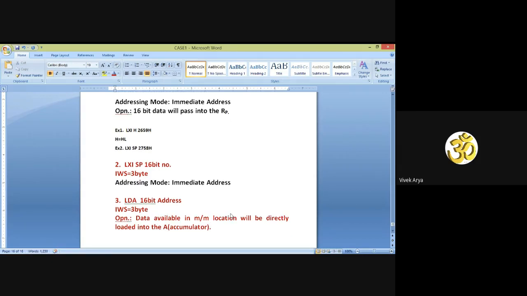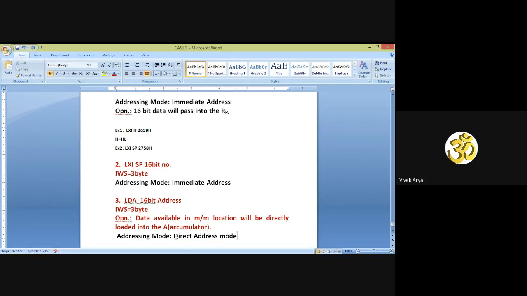Now can you tell me the addressing mode for this? Which addressing mode is possible for this instruction? Direct addressing mode, right? Direct addressing mode.